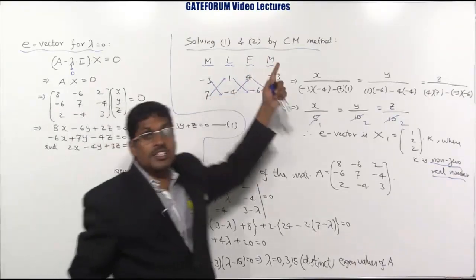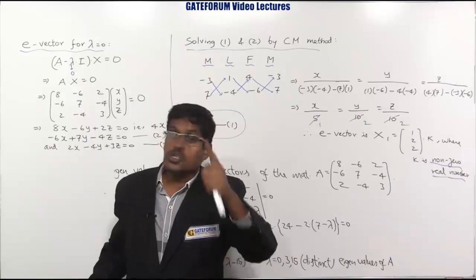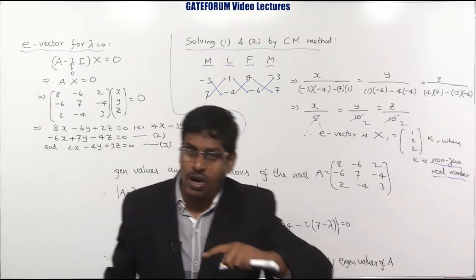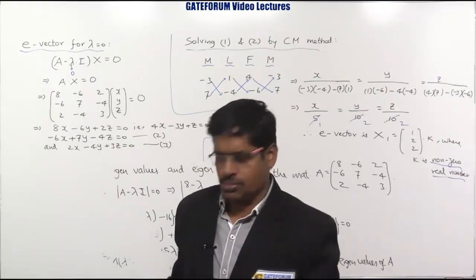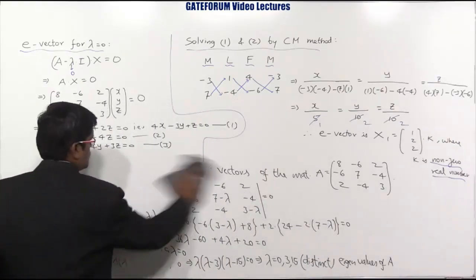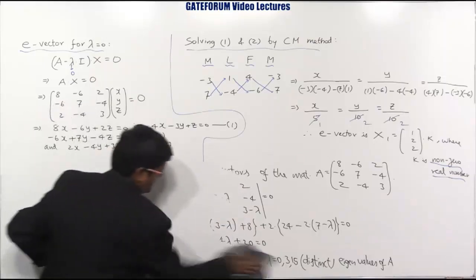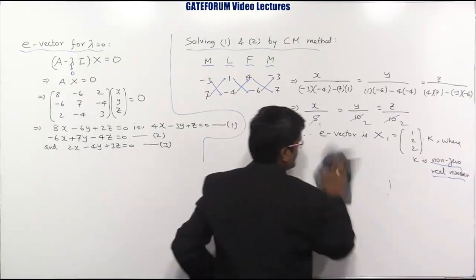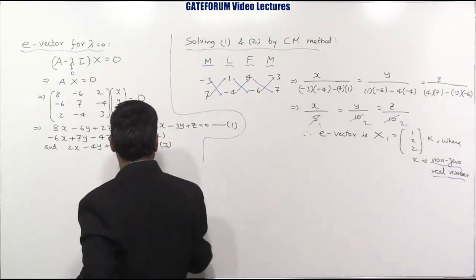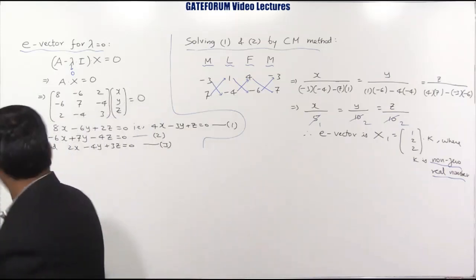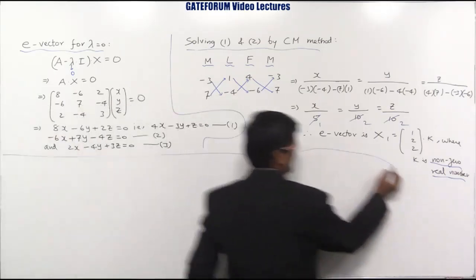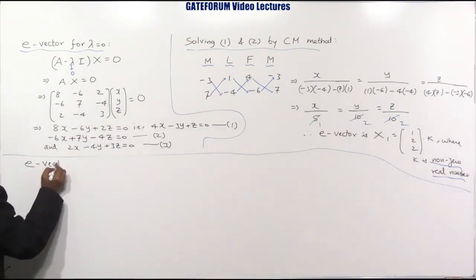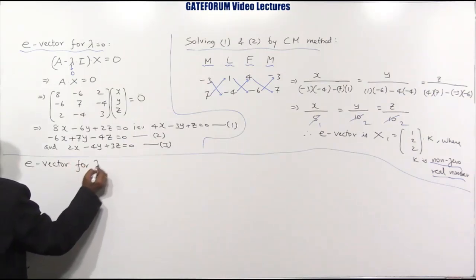And this cross multiplication method is applicable for a 3 by 3 matrix only, solving any two different equations. If you solve two coincident equations or the same equations, then you will get xyz value 0. But an eigenvector is never 0. The eigenvector for lambda equal to 3.